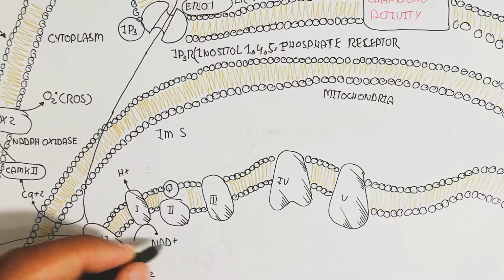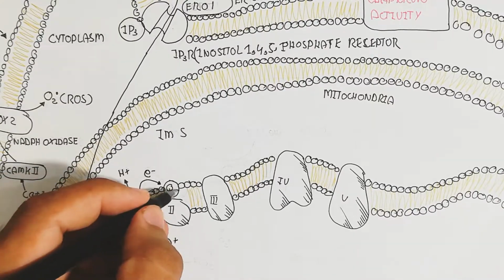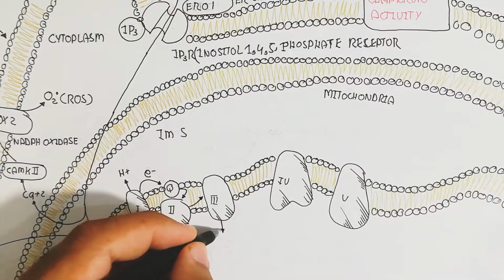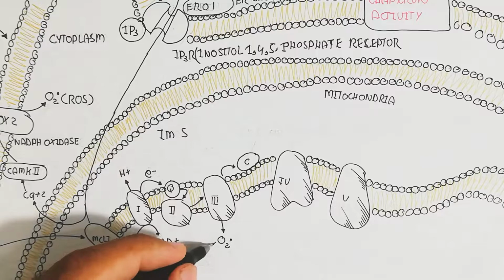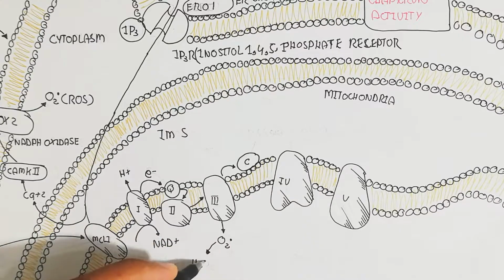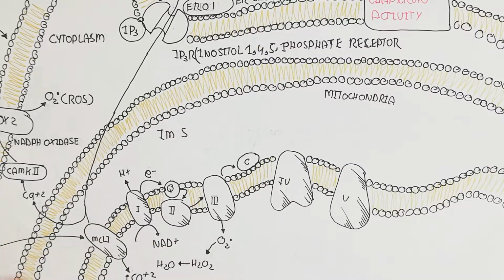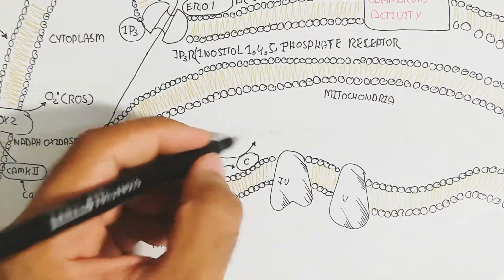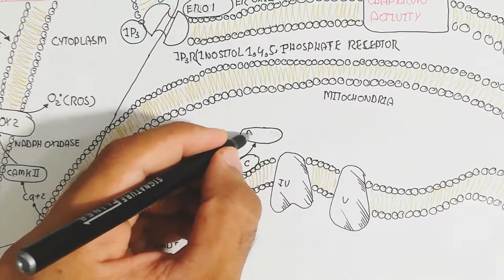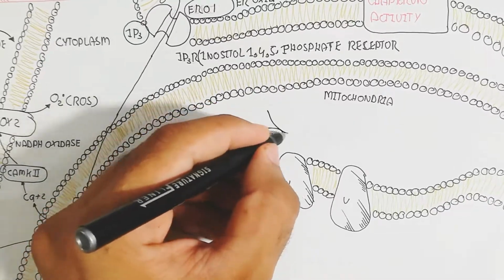While this is the electron transport chain running in the inner mitochondrial membrane, the NAD plus after reduction will lead to oxidation, and will lead to efflux of the proton, while the electron will be accepted to transfer the quinone to ubiquinone.